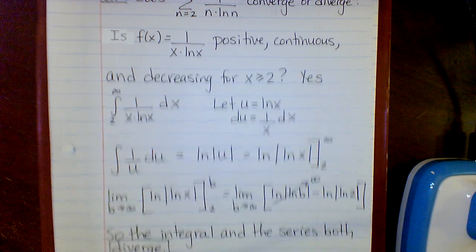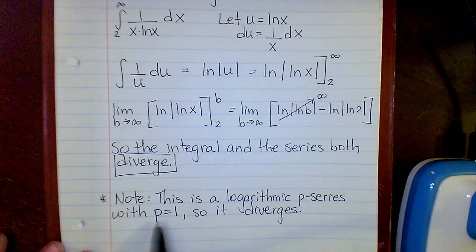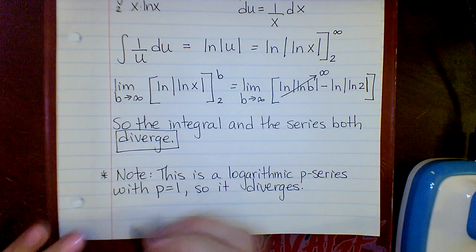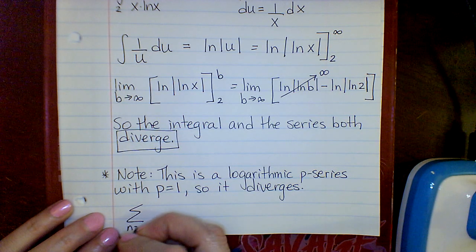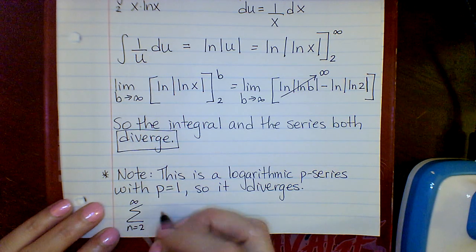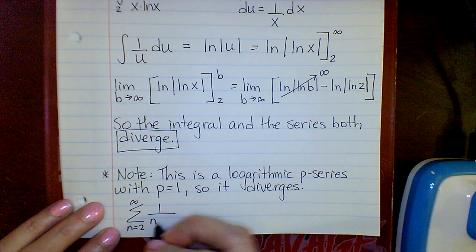So, okay, how did I know that p was 1? That's because this was the sum from n equals 2 to infinity of 1 over n times ln n.